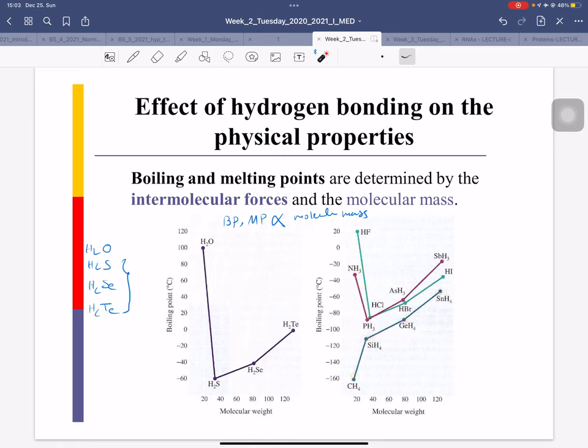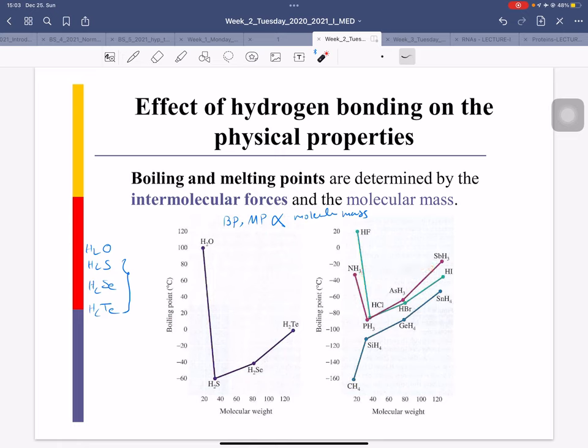But for group 5, the nitrogen group, again like group 6, we have the same situation, but because the electronegativity of nitrogen is lower than oxygen, it is a weaker hydrogen bond compared to oxygen. Again it is high, but a little lower than water.